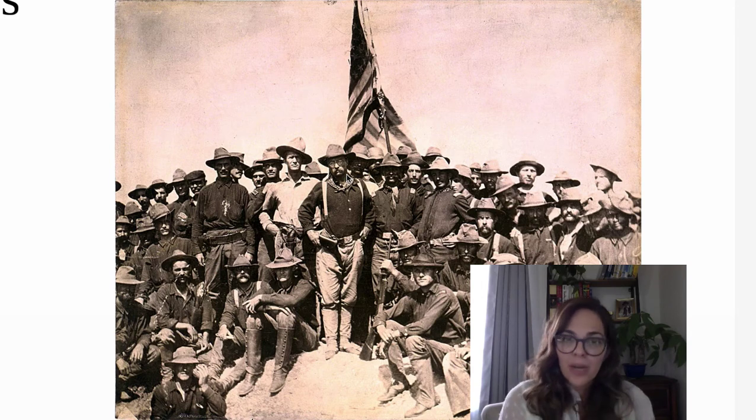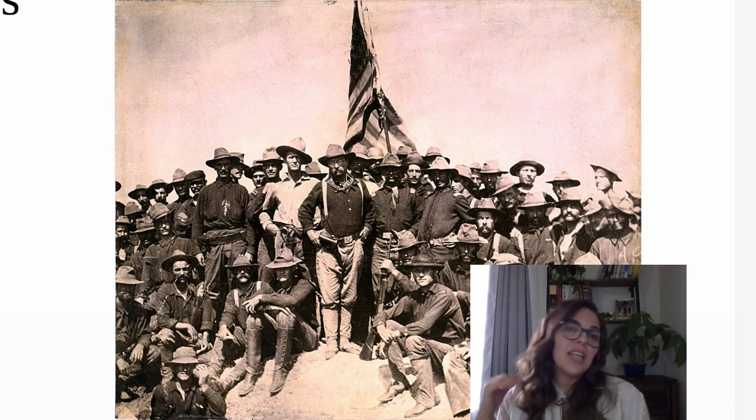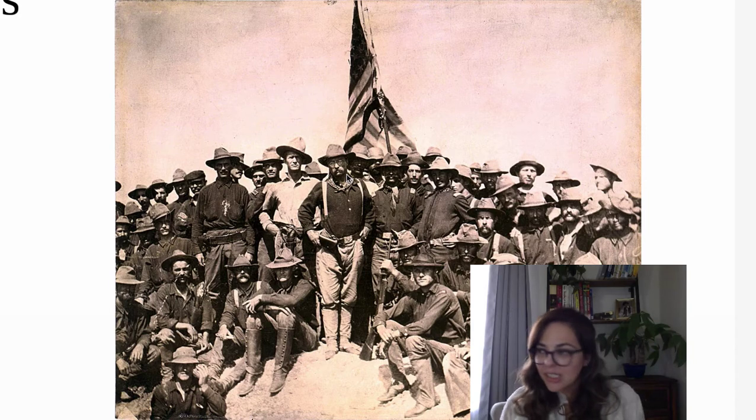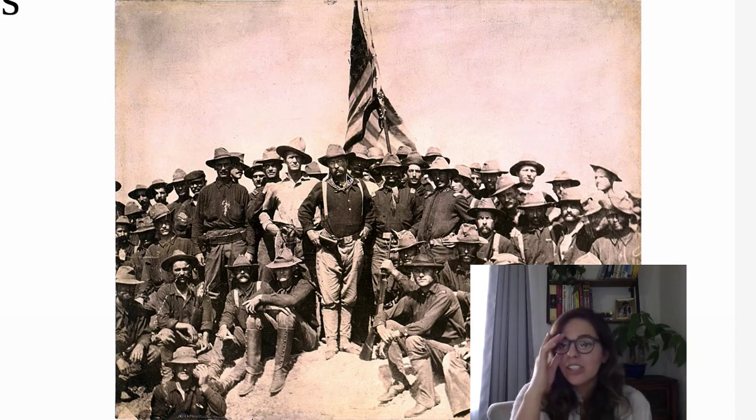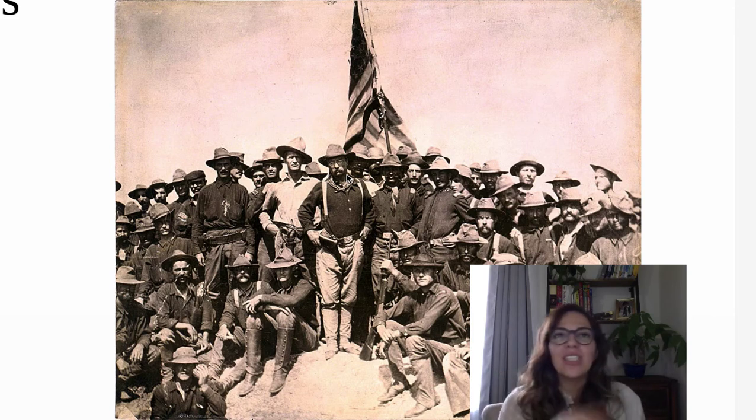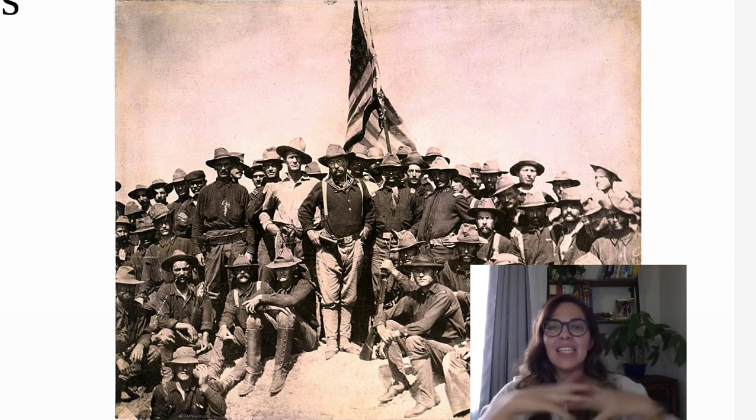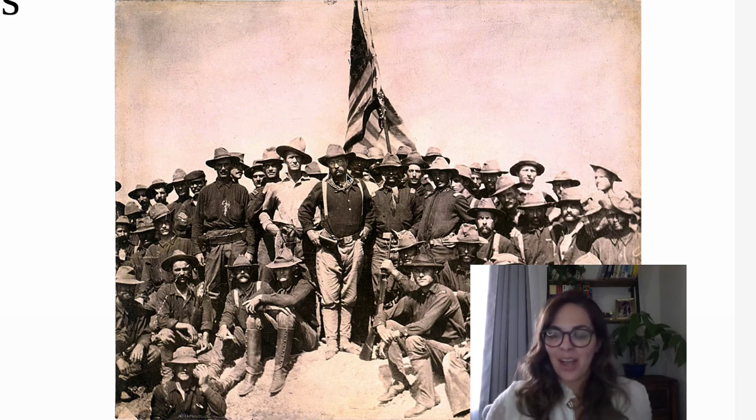So when war breaks out, Teddy Roosevelt literally quits his job and puts together this very eclectic group of American businessmen and Ivy Leaguers. You got bankers and stockbrokers, Native Americans as well. And he calls them the Rough Riders, okay?